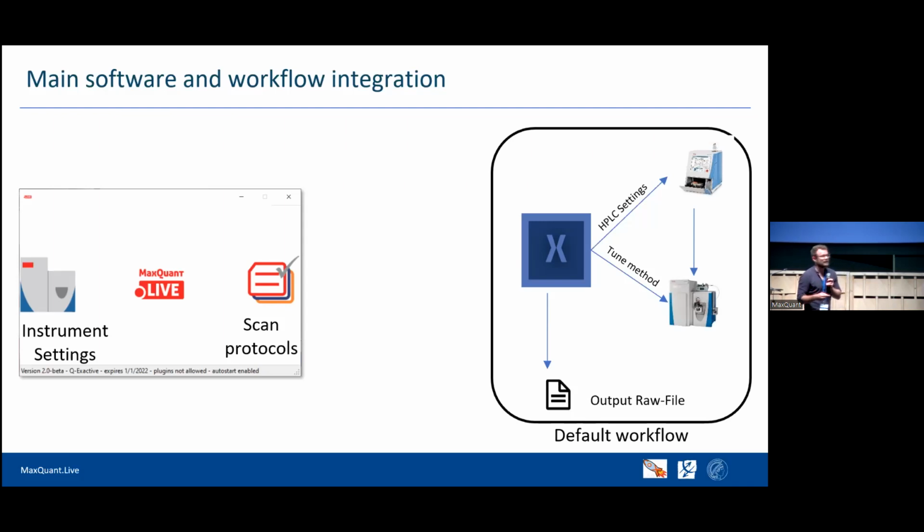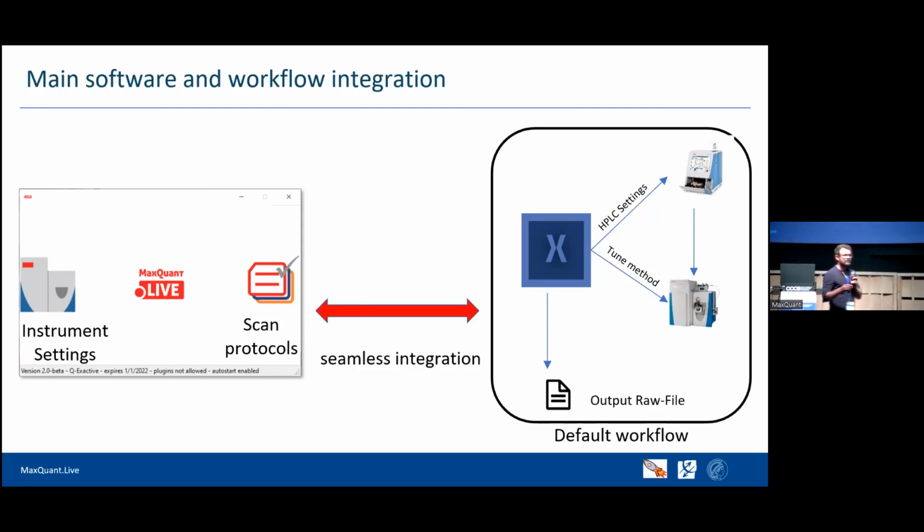So it's kind of tricky to include that in the system, but we found a very nice solution, and you can seamlessly integrate that in your workflow. When you have your list of samples, you can mix the default ones with Excalibur and the MaxQuant.Live ones. It's not a problem, it's just switching from A to B. So this sequence can contain both.